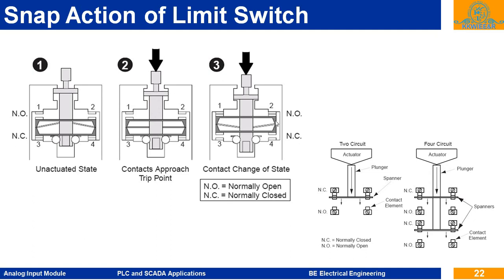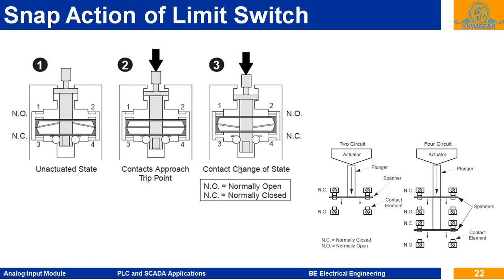During this operation, the normally closed circuit at 3 and 4 gets open, so normally closed becomes open, and the normally open at 1 and 2 gets closed. In this way, there is an operation of the limit switch.